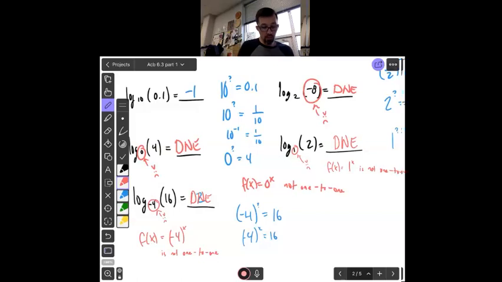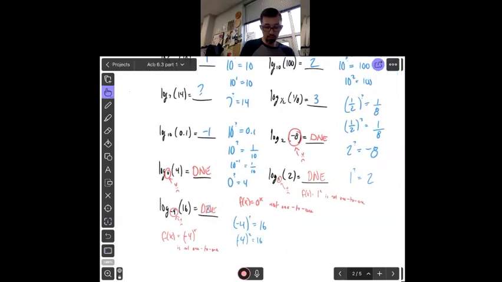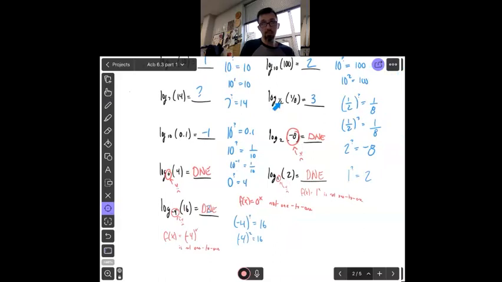So we're not allowed to take the log base of a negative number, or a log base of 0, or a log base of 1. Those don't exist. So a log base has to be positive and not 1. We saw positive numbers that were smaller than 1. That's fine. That worked. But it can't be 0, it can't be negative, it can't be 1. The argument of the log has to be positive.